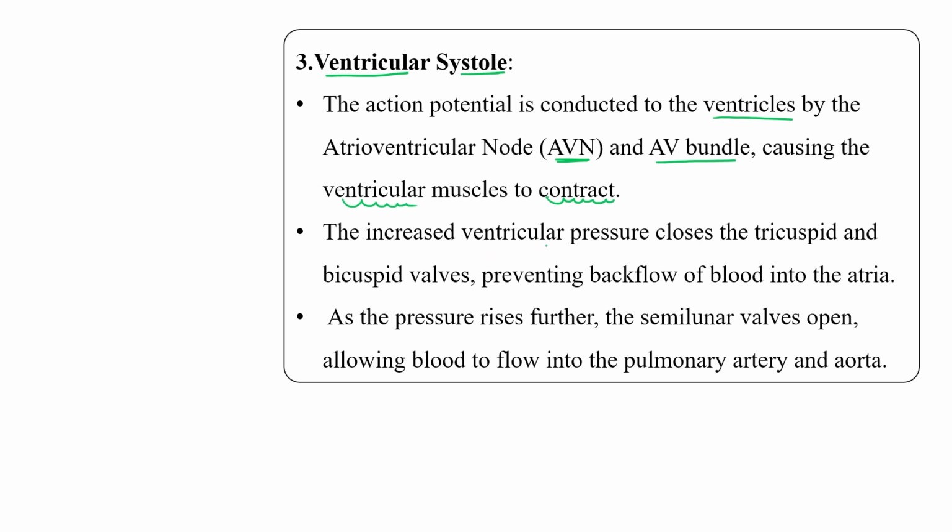This increased ventricular pressure closes the tricuspid and bicuspid valves, preventing backflow of blood to the atria side. As pressure rises, the semilunar valves immediately open up and allow blood to flow into the pulmonary artery and aorta.